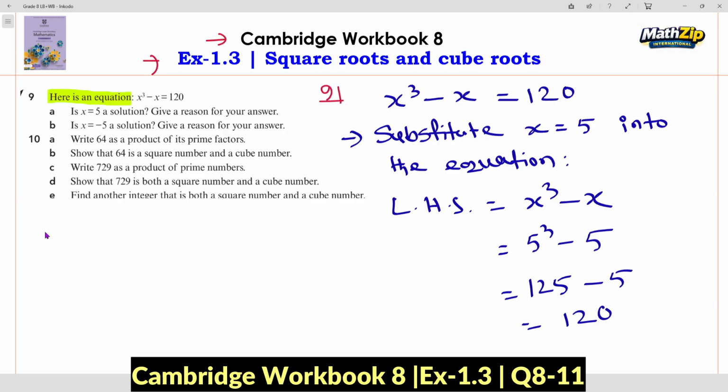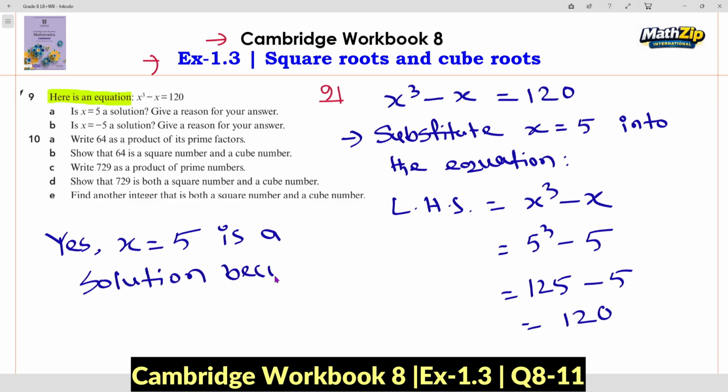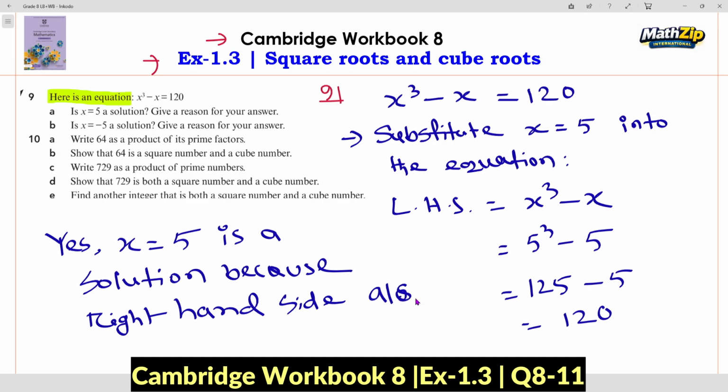Yes, so we can say yes, x equals 5 is a solution because the right hand side is also 120.